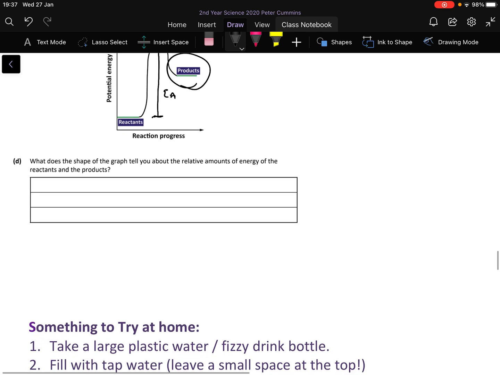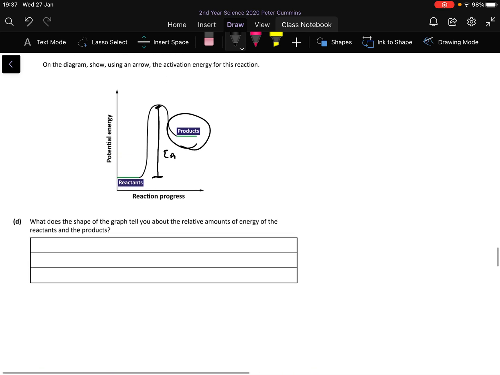What does the shape of the graph tell you about the relative amounts of energy of the reactants and products? What they're saying here is that, bear in mind the y-axis is your energy, the reactants are low energy and the products are high energy.